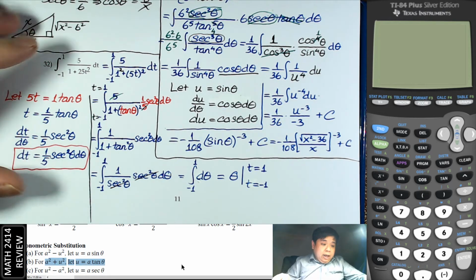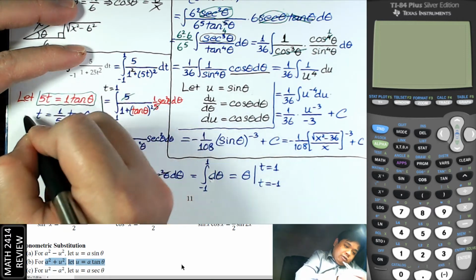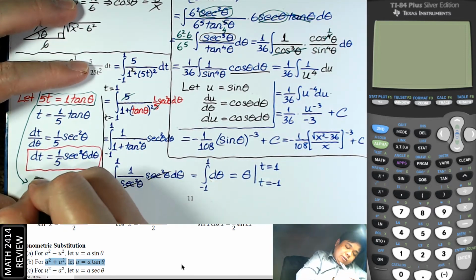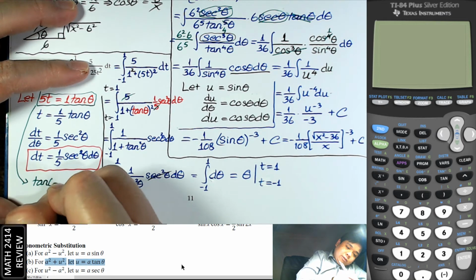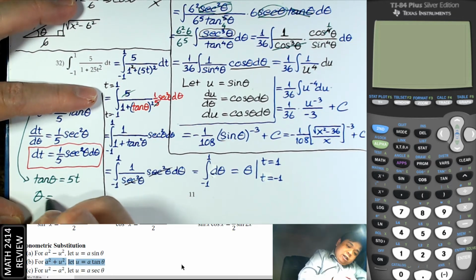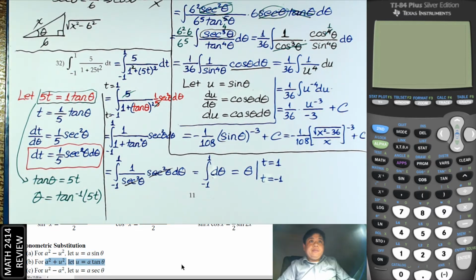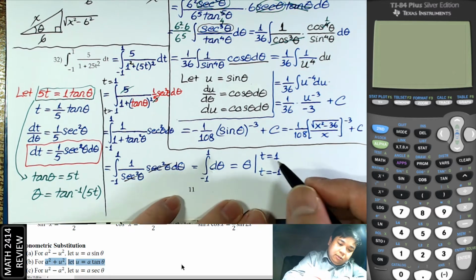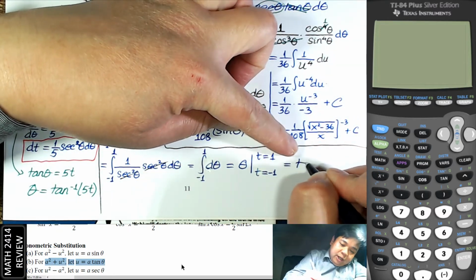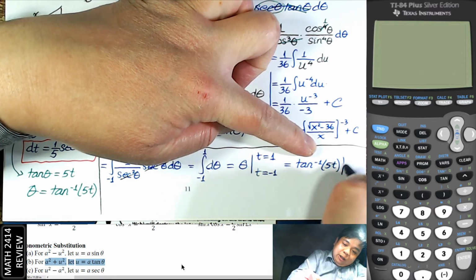Right. Now, what is theta? Well, tangent theta is 5t. So theta is tangent inverse of 5t, which goes from -1 to 1.